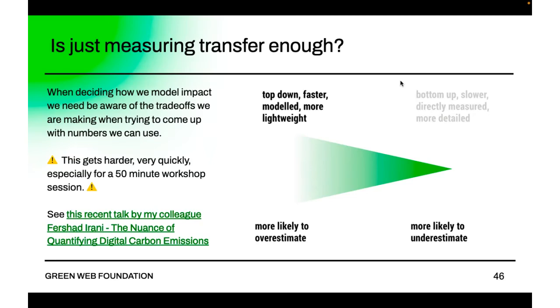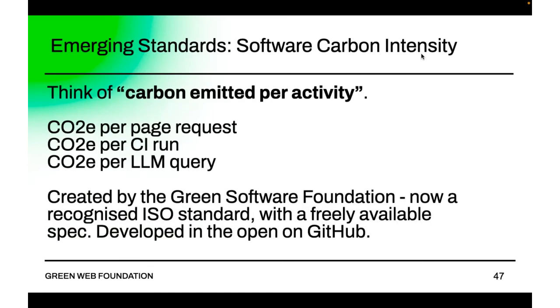So I think that having something like this to give you some numbers at least helps you start iterating and improving some of this, especially because a lot of the reasons we are struggling to get numbers is because large companies are not very forthcoming in sharing the information that makes some of this possible. I'm also showing a link here to my colleague, Fershad Irani. He's gone into a load of detail about this and some of the trade-offs you might look at. And it's really worth looking at if you're curious about this and the other approaches people take.